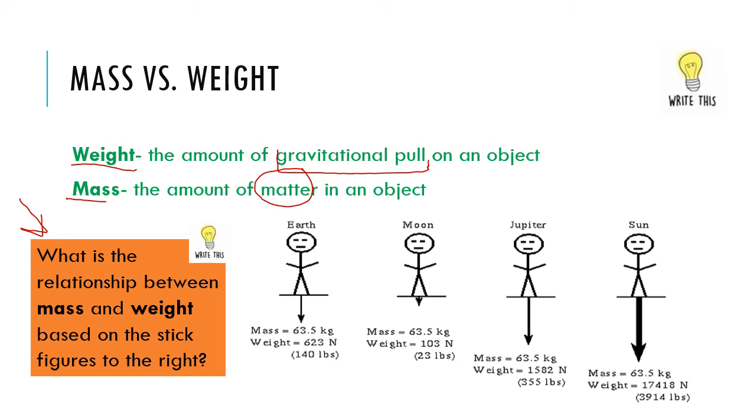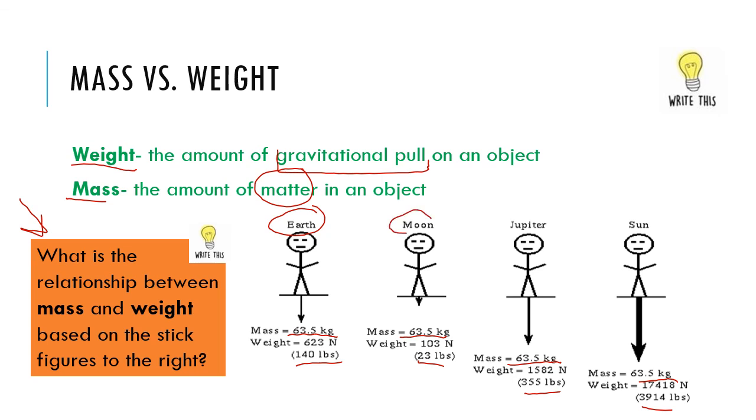All right, so when you're looking at it, what do you notice? The mass for all of these stick figures is exactly the same. That means they have the same amount of stuff. But what do you notice about their weights? Why are they different? Look at where they are. If we start on Earth, our little guy is 140 pounds.